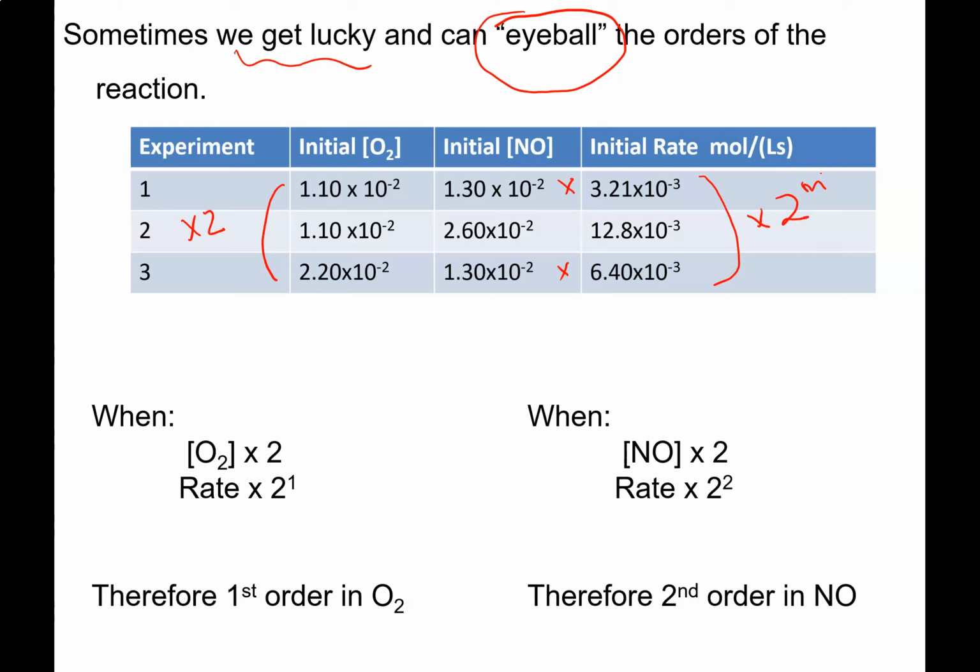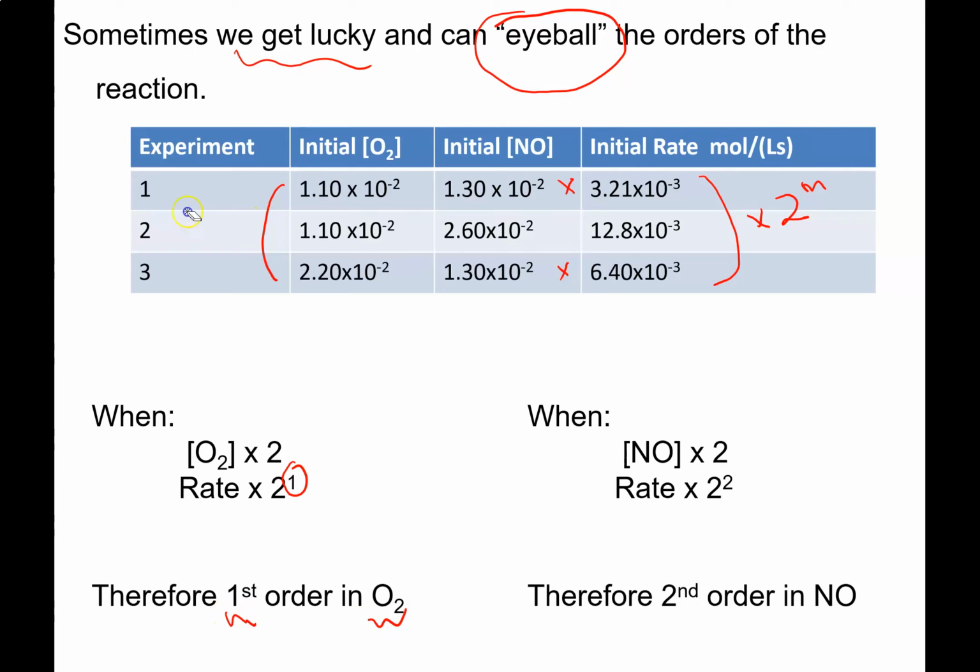And sometimes I can see very clearly what that power is. When I look here, the rate, it doubles, right? It comes pretty darn close to doubling. 6.42 would be exactly at doubling, but it's very close to doubling. So what that means is that I know that m is 1, that the reaction order with respect to O2 is 1. We say that the reaction is first order in O2.